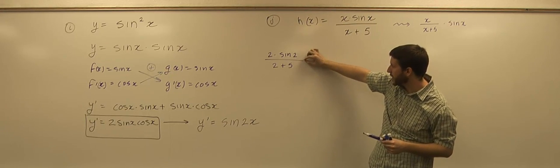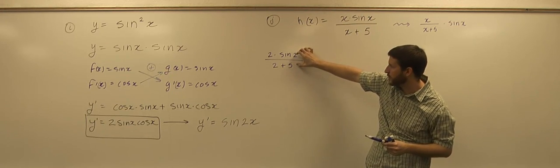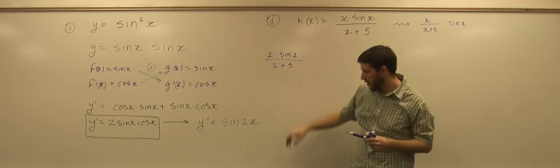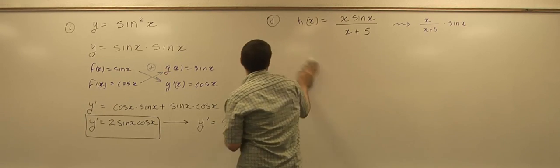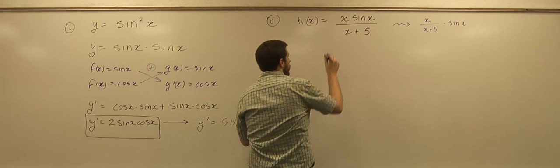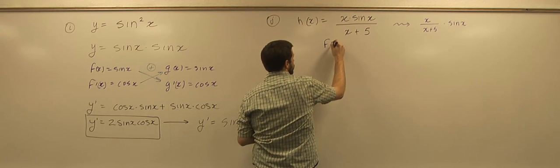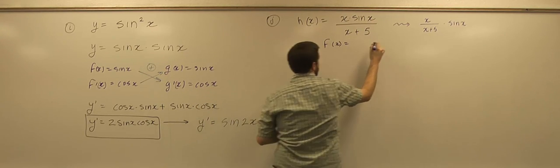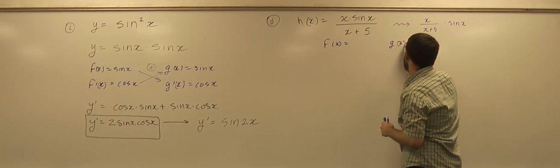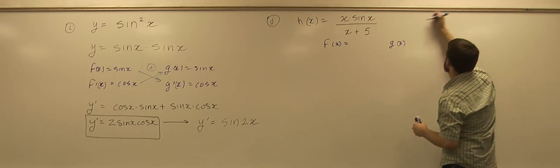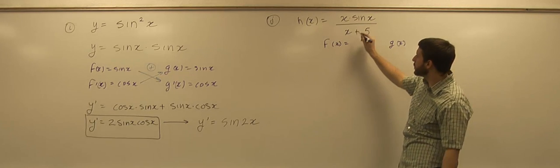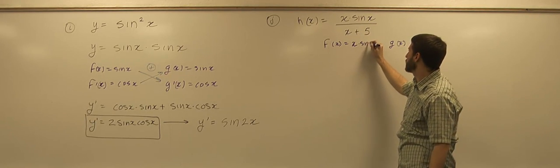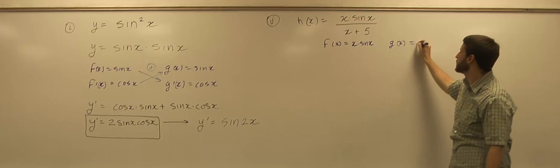Inside this quotient I have extra stuff to do. I have a product to do. But the way you break this down is to start labeling an f and a g based on the quotient. So f of x will be the top, g of x will be the bottom.